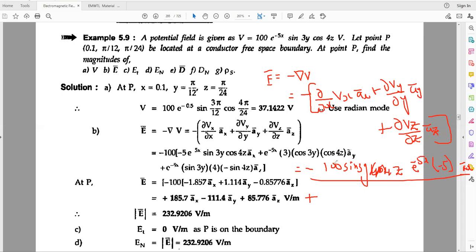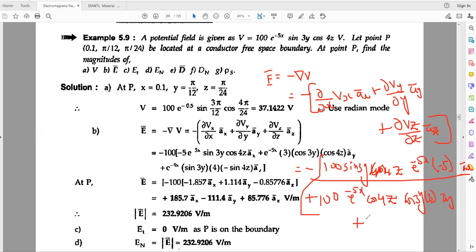Second term, with respect to y: 100 into e power minus 5x, and cos 4z is a constant. Now the derivative of sine 3y is cos 3y into 3, plus the Ay bar coefficient.